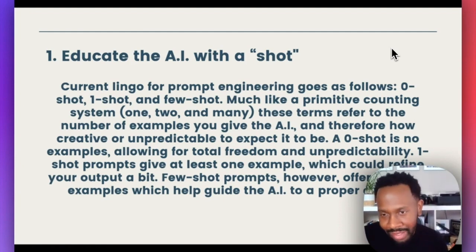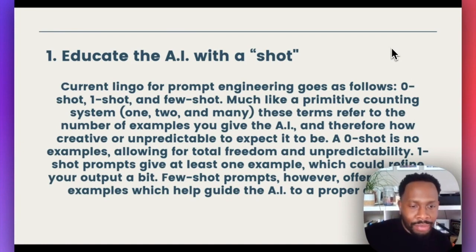One shot means you're going to give it one example in the prompt you're entering. And if you give it a few shots, you're giving it a few examples of what you want the outputs to look like. That takes away some of the creativity, but makes sure you're getting closer to the ideal output you're looking for.